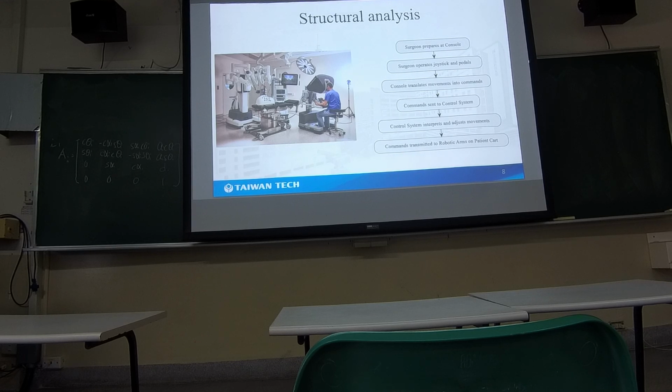Of these, three arms are used to perform surgical tasks such as grasping, cutting, and suturing, while the fourth arm controls the 3D stereoscopic vision system, providing the surgeon with a highly detailed view of the surgical area. Each robotic arm typically has several degrees of freedom, allowing for a wide range of motion.